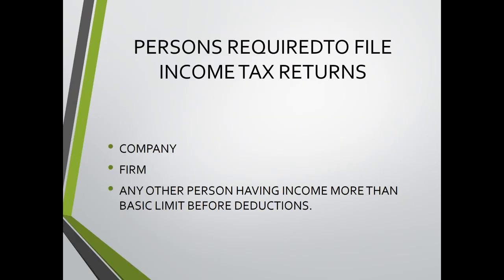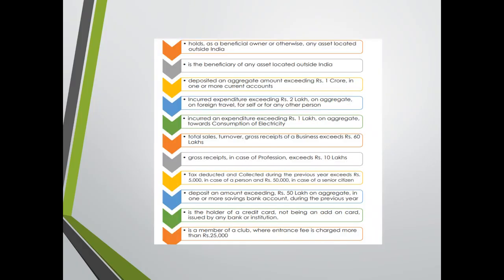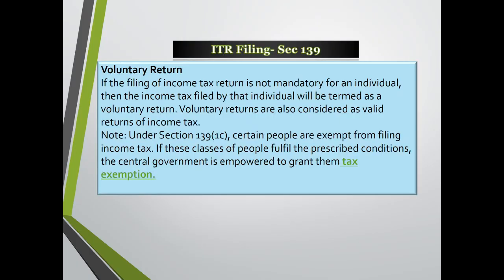Then for all the persons who are required to submit income tax returns, company, firm, and any other persons whose income is more than the basic limit we have. Apart from this list, other persons would also be required to submit income tax returns, we were discussing. Then that technical section, Section 139, dealing with the various submissions of return: 139(1) mandatory return for company, partnership firm and others we were discussing.